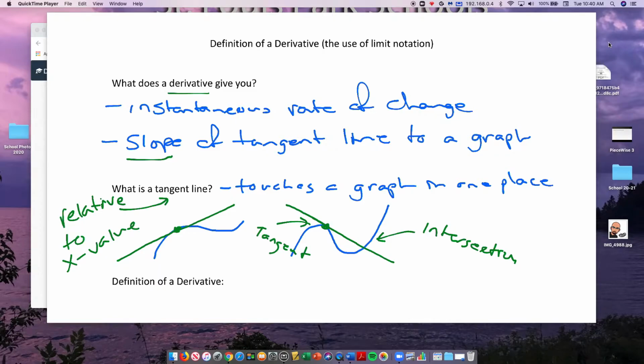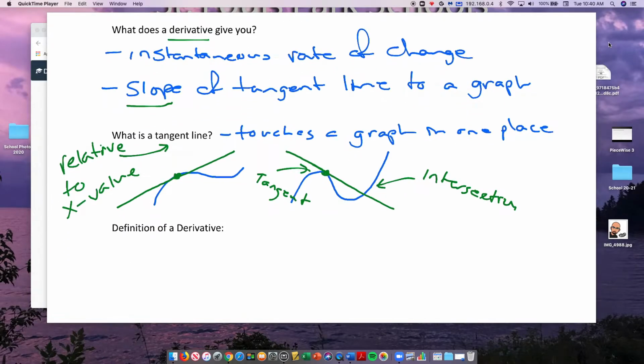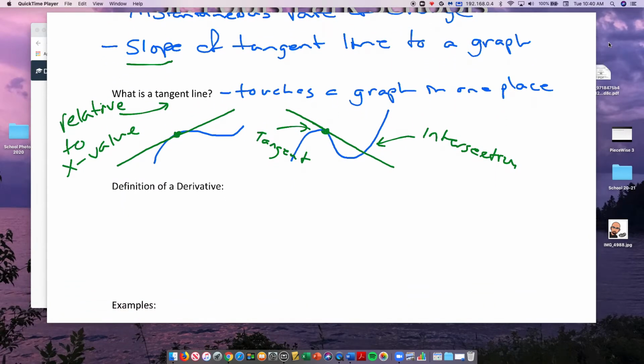It doesn't give you the tangent line. It just gives you the slope of that tangent line. So just like in yesterday's video, when I was dragging that point closer and closer and closer, and I zoomed way out and you saw that it was a tangent line, we can write the instantaneous derivative, or a definition of a derivative.